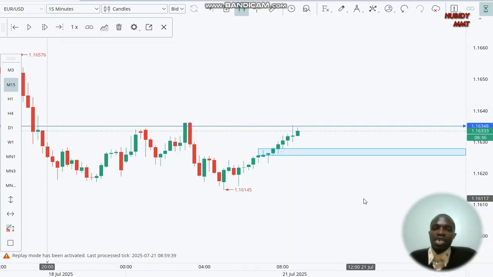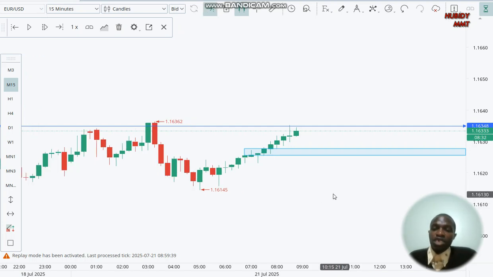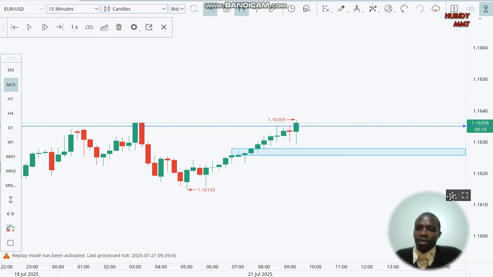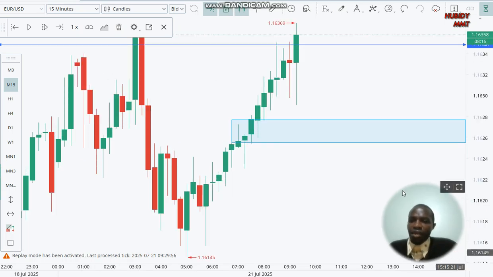For a high probability entry or high probability context, we are expecting either the first or the second candle to expand above the previous hour. So the first, the second. The second candle gave us an expansion above our previous narrative high.